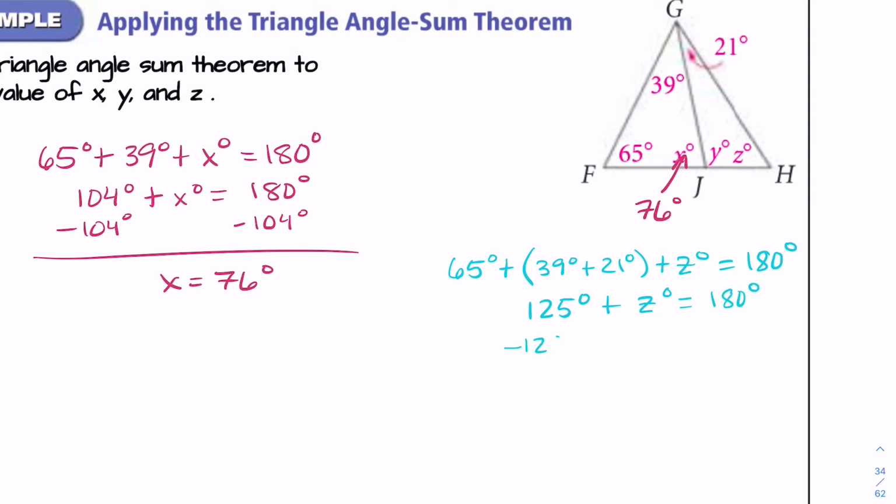So I'm going to take away 125. So z degrees equals 55 degrees.